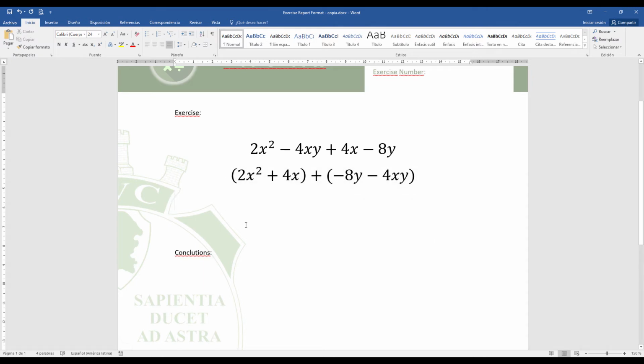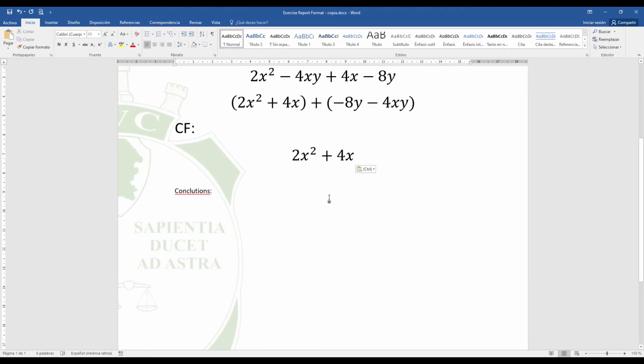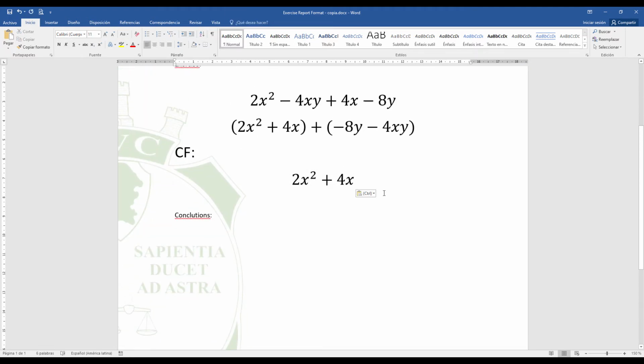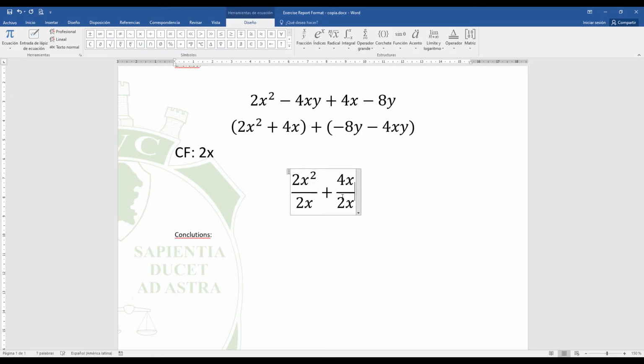Okay, so here the common factor of the first group is x, and the coefficient that divides both terms is 2. So the common factor is 2x. So you need to divide by 2x.